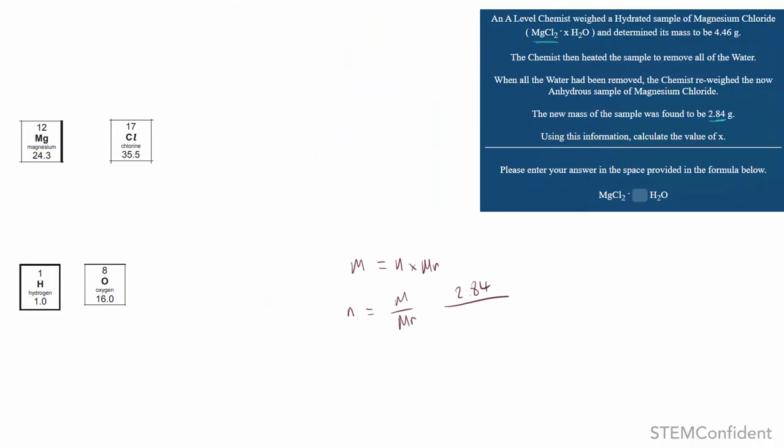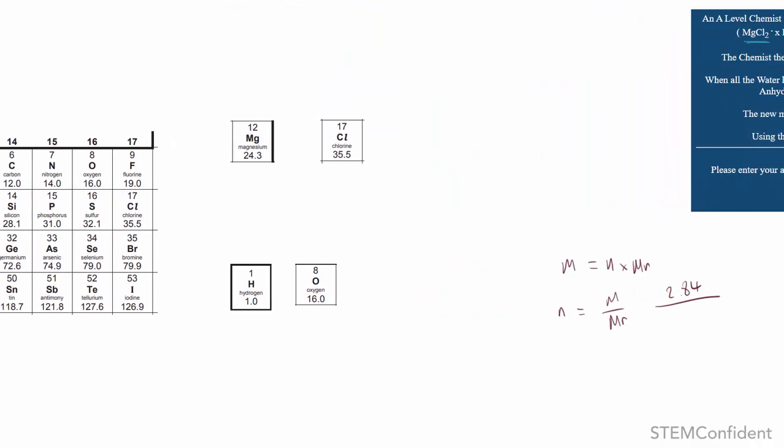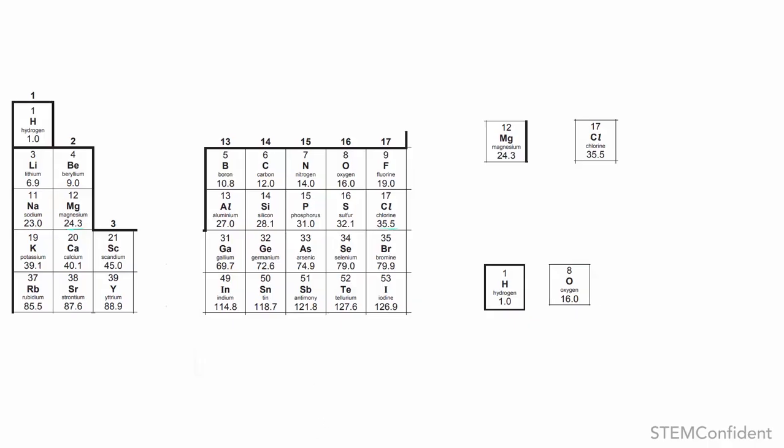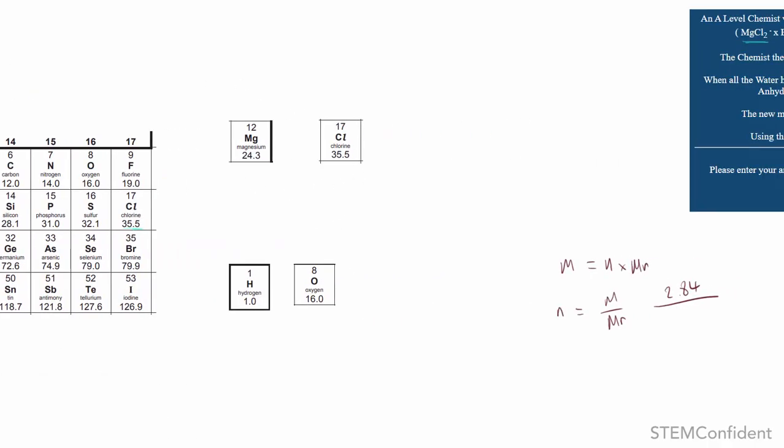So for MgCl₂, right? We've got Mg here and Cl here, so I've just got them here as well for convenience. So that's going to be 24.3 for the Mg side of things, plus the Cl₂ component. So that's going to be plus 35.5 multiplied by 2, right?